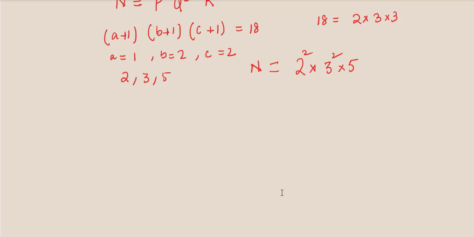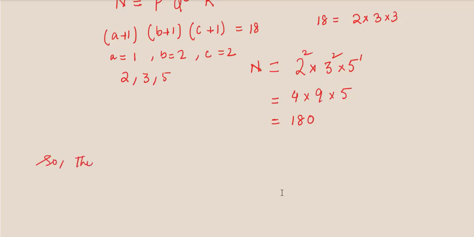And what power should be given to 5? It should be 1. And from here we would get 4 multiplied by 9 multiplied by 5, and from here we will get 180.